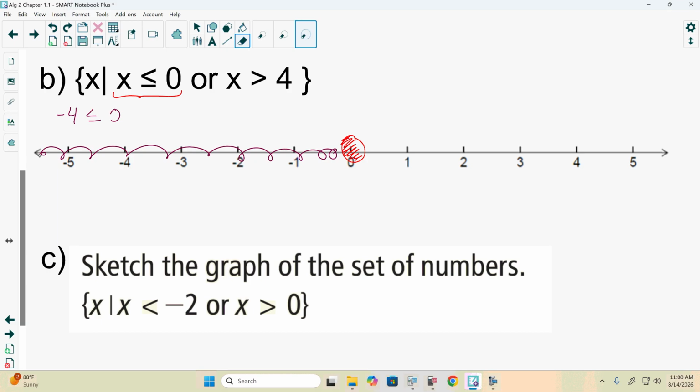If we picked a number between our 2 points, and it works, we're going to shade between. If it doesn't, we're not shading that area. So this gives us a great way to check where we're shading, what's included and what's not. That kind of makes sense?